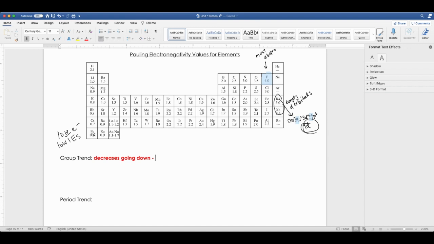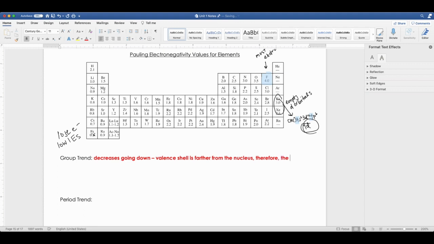As you add those shells, the outermost shell is farther from the nucleus, and Coulomb's law says that nucleus cannot attract an electron nearly as well. That's because your valence shell is farther from the nucleus.